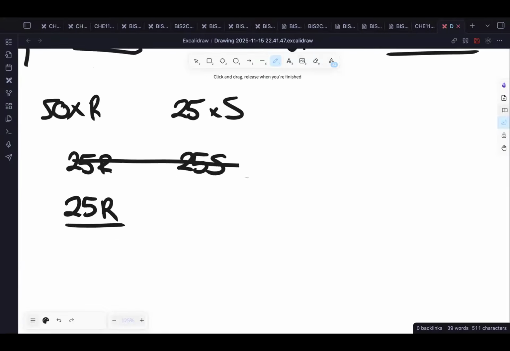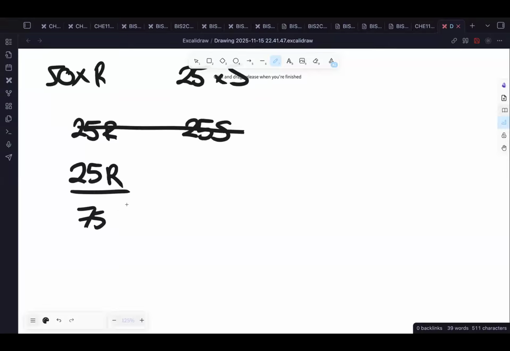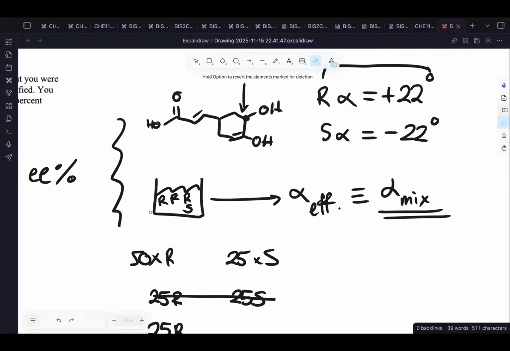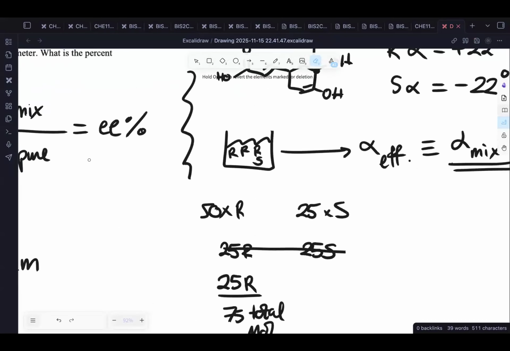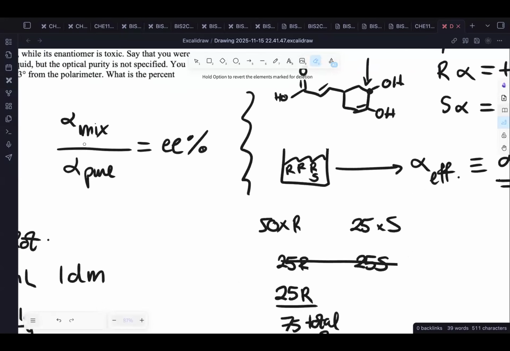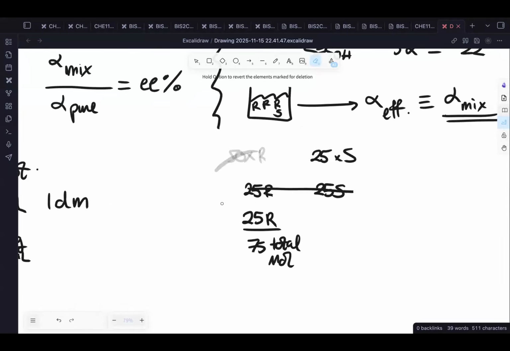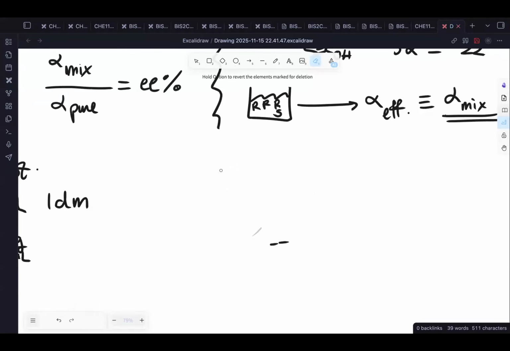So I would have 25 molecules of R over 75 total molecules. This fraction is the logic of the math behind this. It will help me determine how much of one I have versus the other. So we can talk a little bit about that through this example.